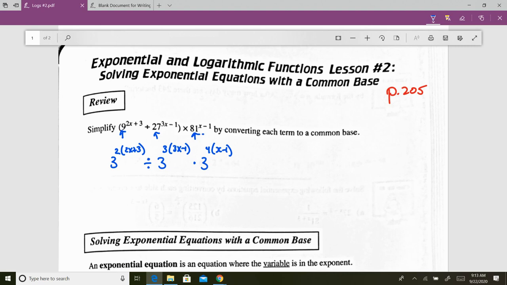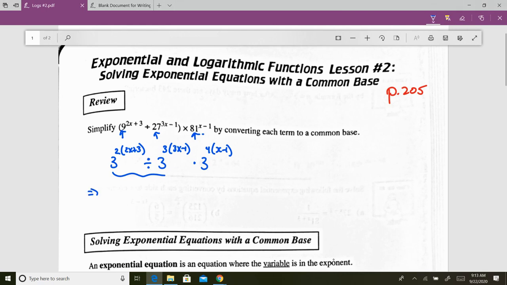So we can use our exponent rules. If you are dividing, what do you do with the exponents? Subtract them. Actually, we know what the base is going to be, so let's just deal with the exponents here.